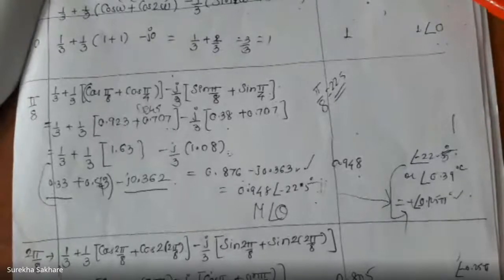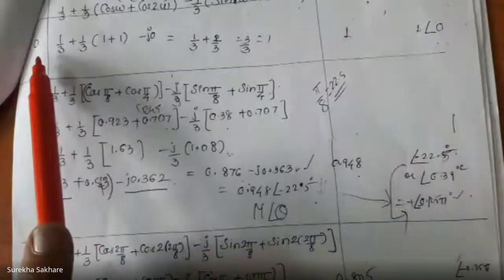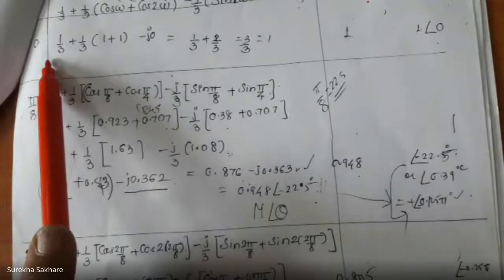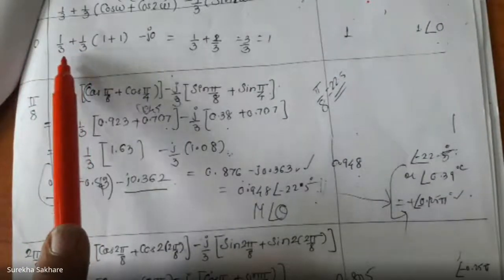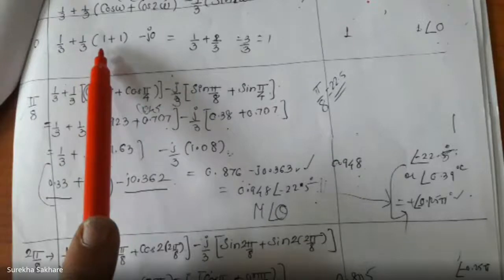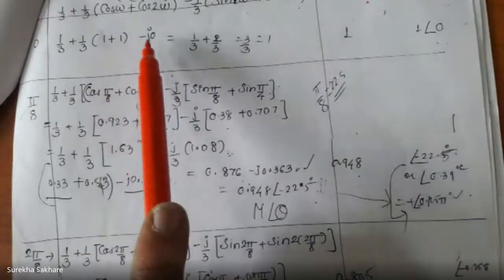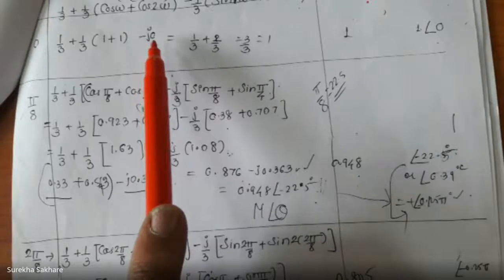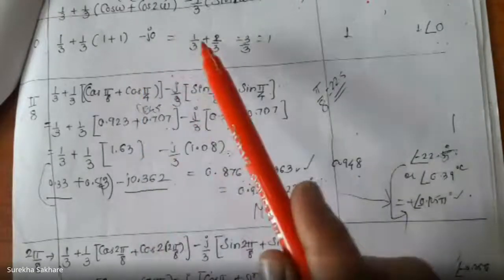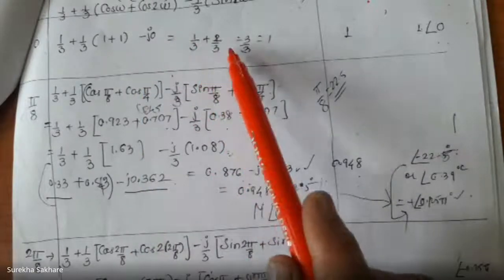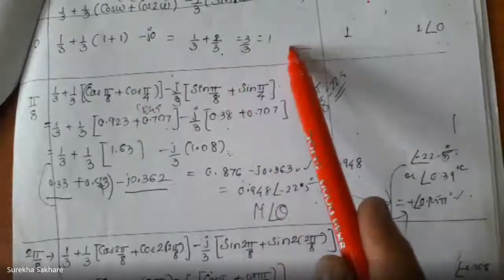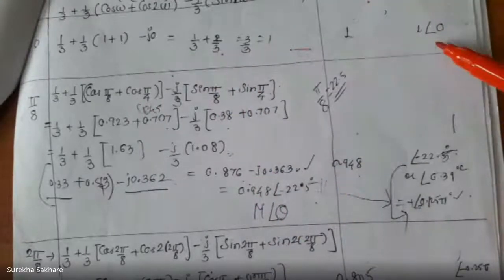So when omega is 0, I had 1 by 3 plus 1 by 3. Cos omega was 1. Cos 2 omega is also 1 because cos 0 plus cos 0 means 1 plus 1. And the sine of any 0 angle is always 0. So you have 1 by 3 plus 2 by 3, this is equal to 1. Then we obtained magnitude 1 and the angle as 0, right?